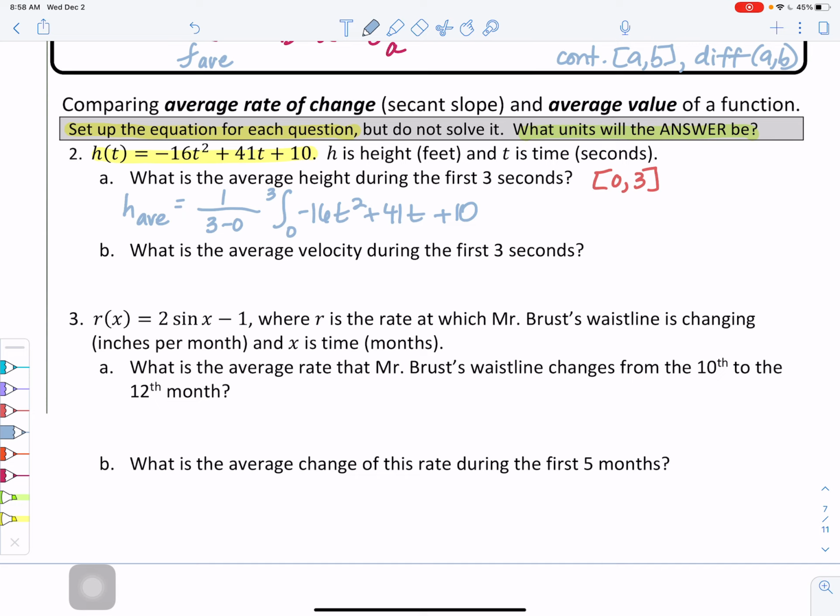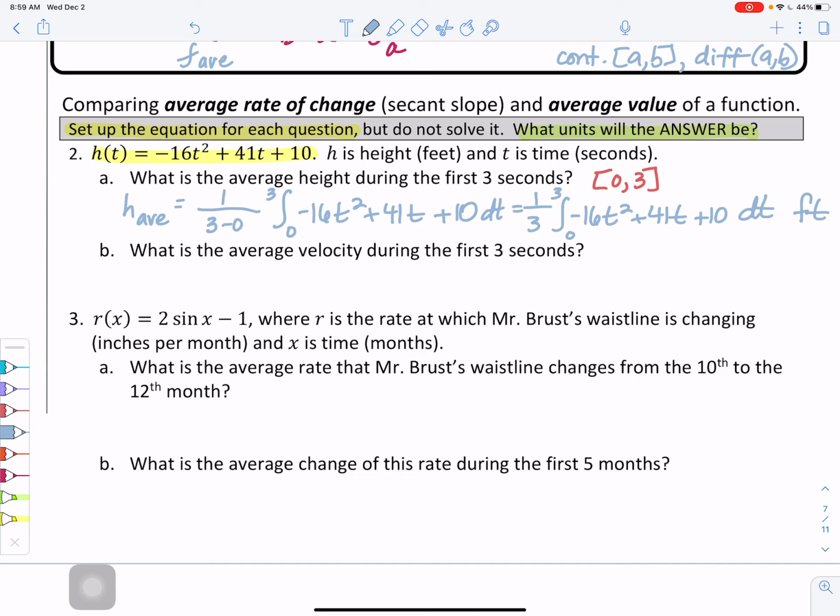And you can simplify that as 1/3 multiplied by the integral from 0 to 3 of negative 16t squared plus 41t plus 10 dt. Did you see that? dt. Okay, so that's what that is. And what would that be? If height is feet and time is seconds, this average value would be feet.